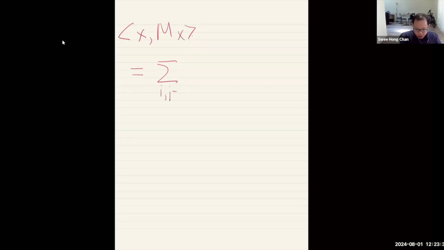This should be the sum over I and J of the FGK, of the sum of FGK of entry I comma J. Right? This is using the definition that M is a forest matrix.